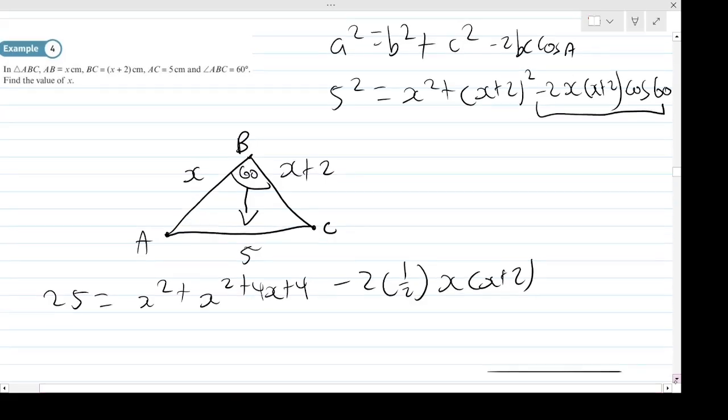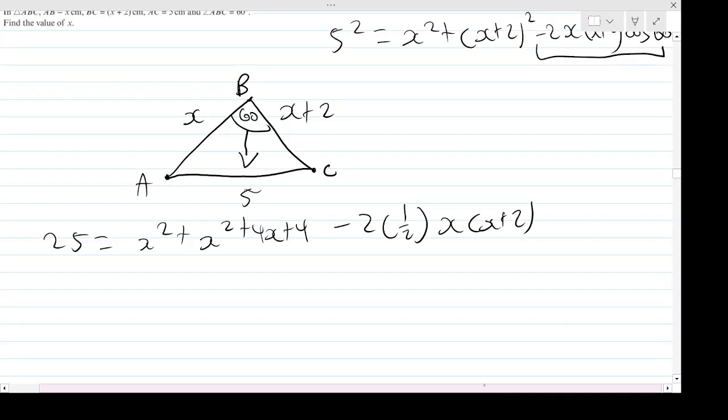Let's do it step by step. Then I can collect the like terms here, so it's going to be 2x squared, add 4x plus 4. Then minus 2 times a half is just minus 1, so we simply get minus x lots of x plus 2, which is minus x squared minus 2x. Then I can move this 25 to the other side, because I notice this is a quadratic equation.